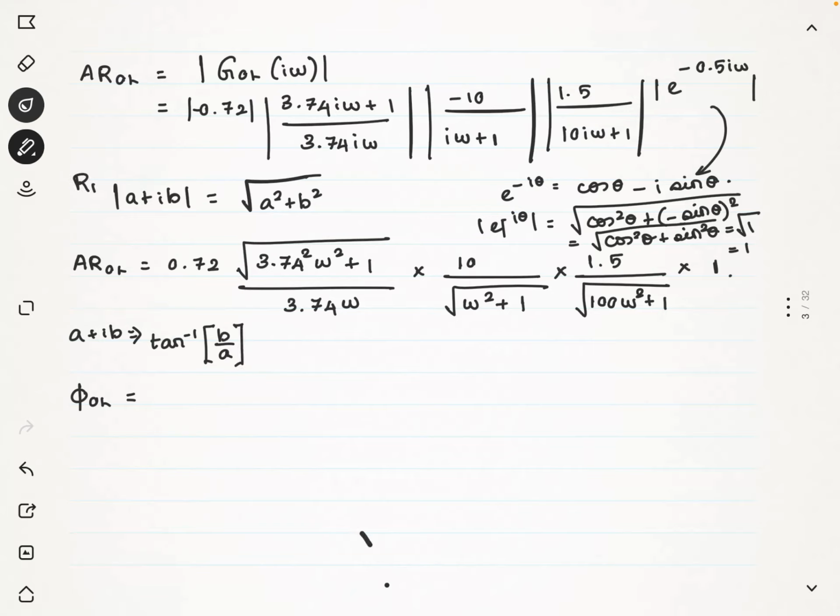So this can be rule 1, rule 2. And if you refer to the class notes, there are some properties of the argument. So we'll be using that here. Let me start. The real number will lie on the x-axis, so there will be no angle. So let's go term by term.